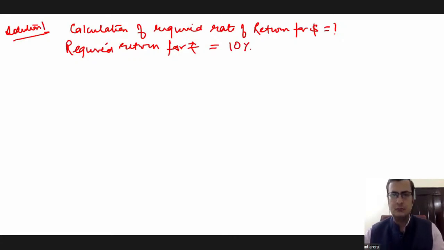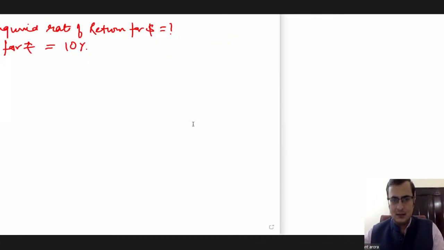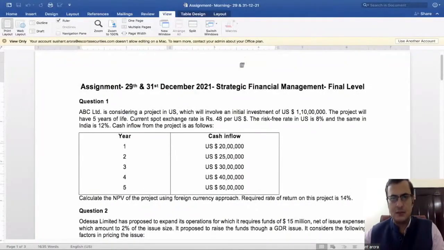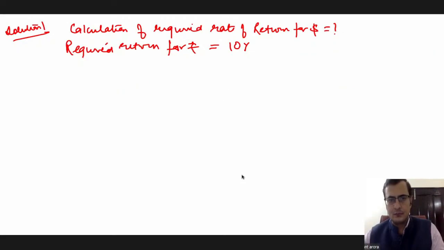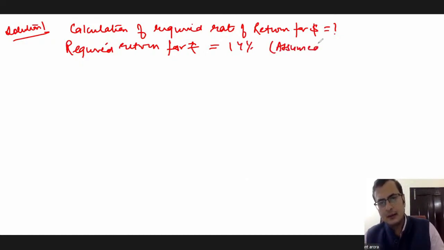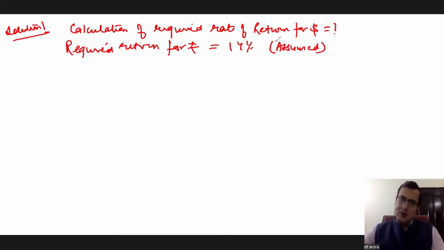Is it 10? Let me just check. Oh, sorry, 14%. It is assumed that this is for INR. So we need the required rate of return for the US.